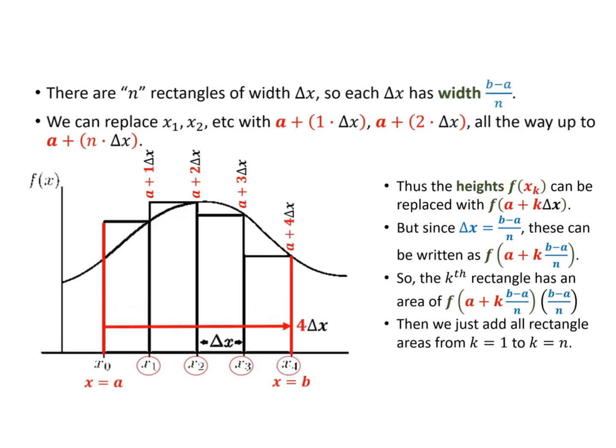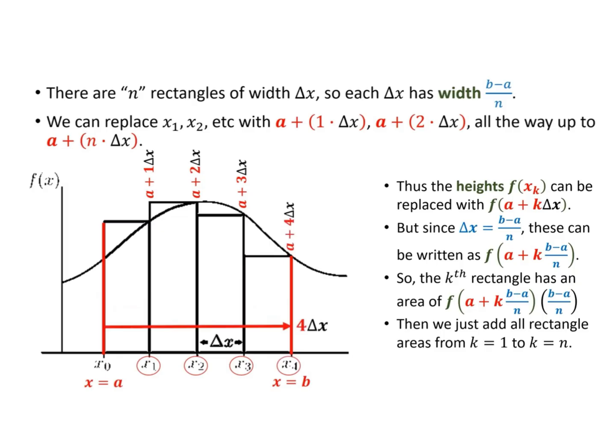Okay, so in summary, what we're talking about here is that the sum of all of these areas of the rectangle will give me the integral, because the number of rectangles is going to approach infinity. We're going to have an infinite number of rectangles to eventually arrive at the actual sum of those rectangles, which will give me the actual area underneath the curve.